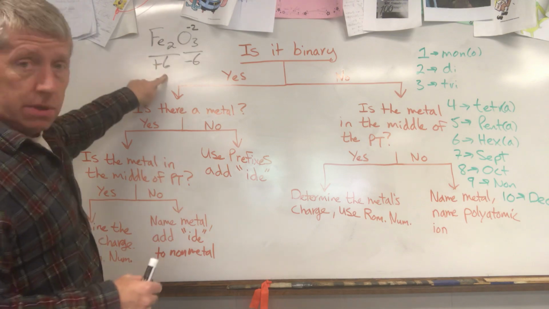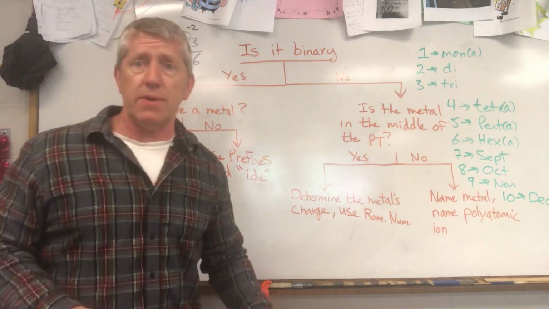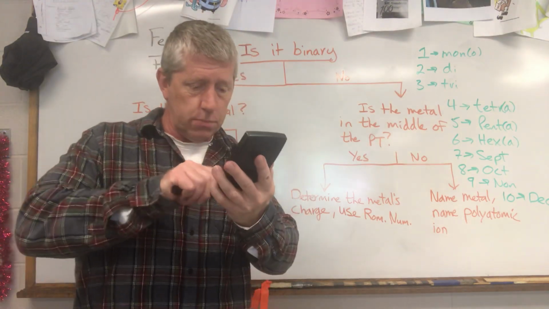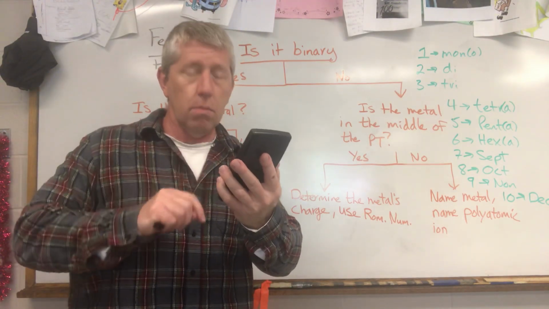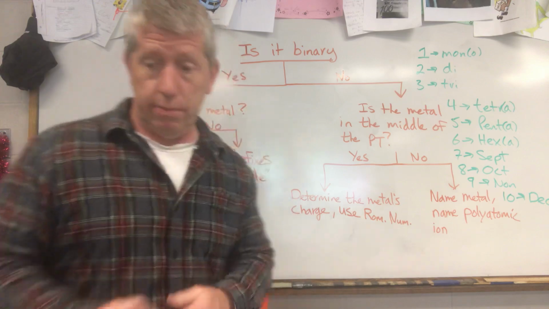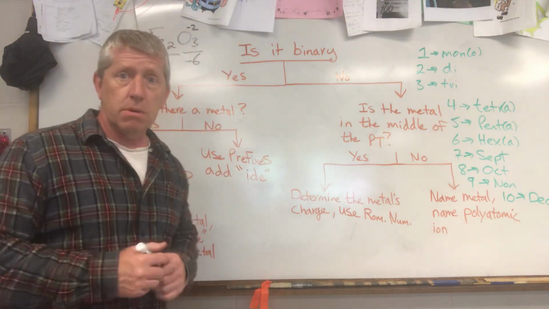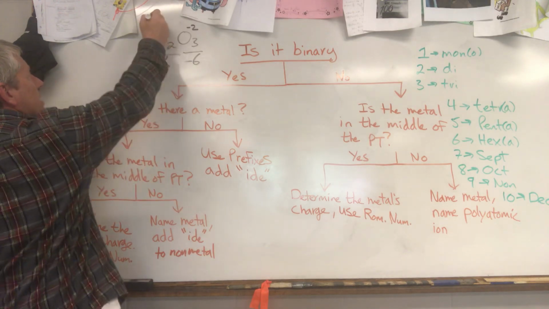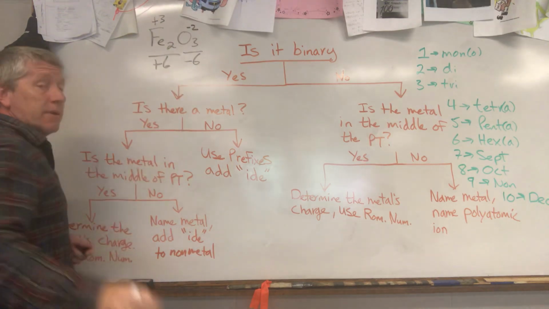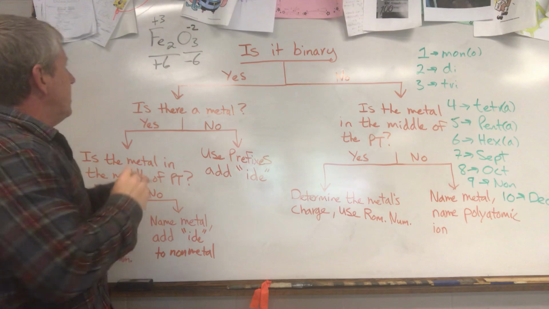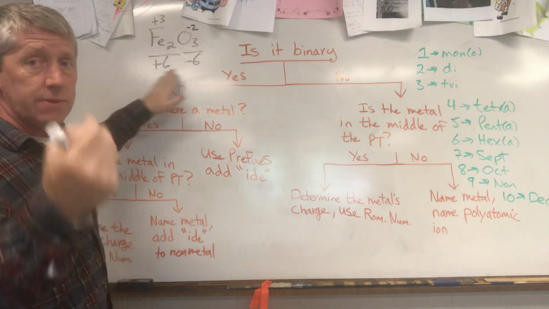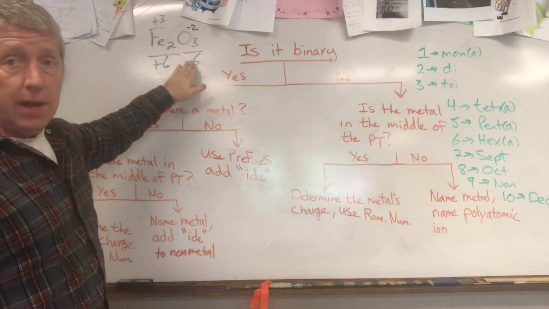Take 2 and put it into 6. How many times is 2 going into 6? Three. Did you know that? Okay, good. So that means each iron must be using the +3 charge, because there are 2 of them, and 2 times +3 is +6 to balance the -6 of the oxygen.